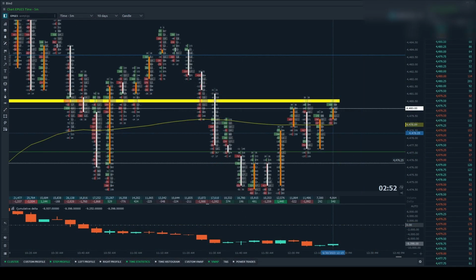Take a look at this delta chart. You can see there's some buying here. There's a nice push up here. This is where we got in down here. You can see they're trying, they're pushing.